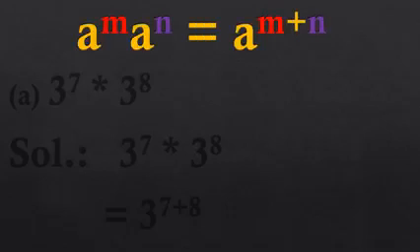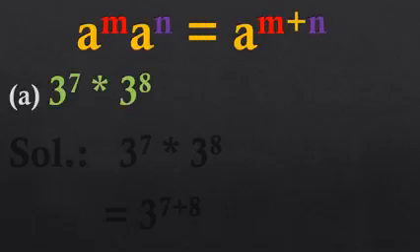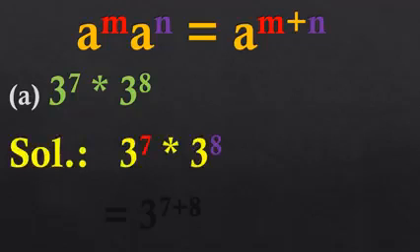In letter A, we have 3 raised to 7 times 3 raised to 8. So what is the product of this exponential term or expression? So recall, if we will use the first law of exponent, the rule is simply copy the common bases. In this case, what is the common base of 3 raised to 7 and 3 raised to 8? That is 3.